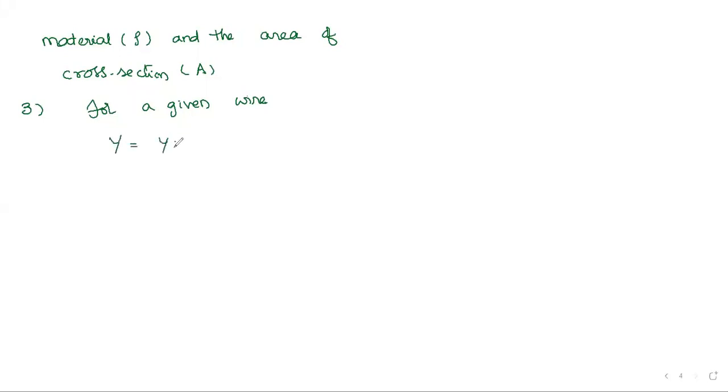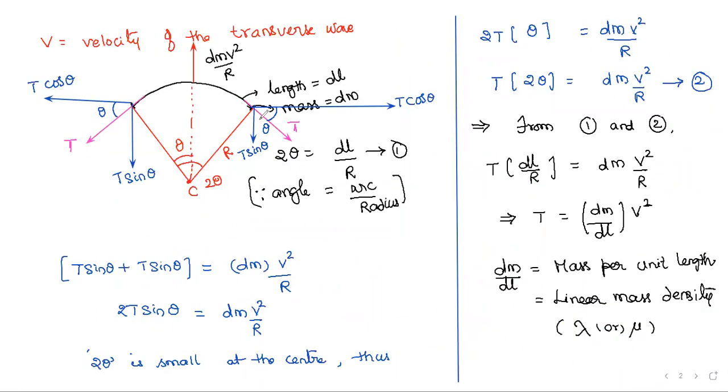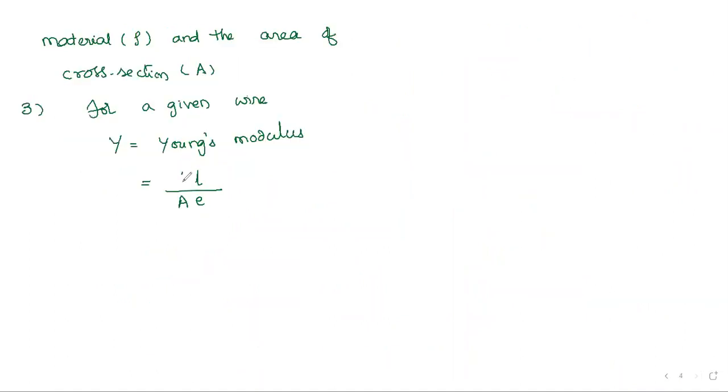Can you recollect? This is actually the formula Y equals F L by A E, where F is the restoring force. The restoring force in the stretched string is tension. So shall I write here, in place of F, T? TL by AE, is it correct?